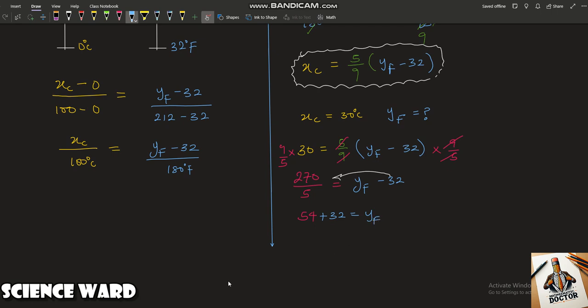Now I can add 54 plus 32, and that will give my YF to definitely be equal to 86 degrees Fahrenheit. Now you can see that it was 30 degrees in this case, but right now it is 86 degrees Fahrenheit.